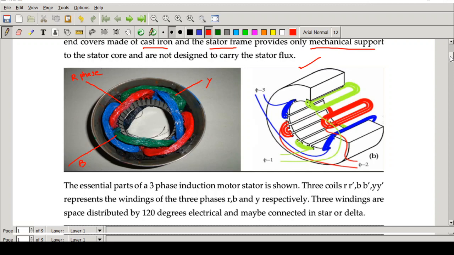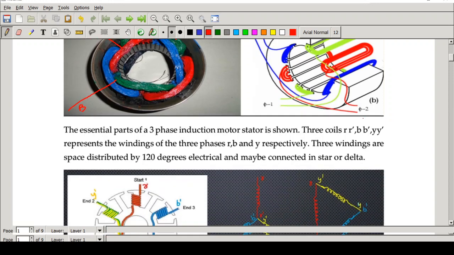Now the very important thing is that these three windings in the stator, corresponding to the phases R, Y and B, are displaced by an angle of 120 degrees. So the angle between these windings will be 120 degrees. Now let's see the details. Let's take the case of the three-phase windings.